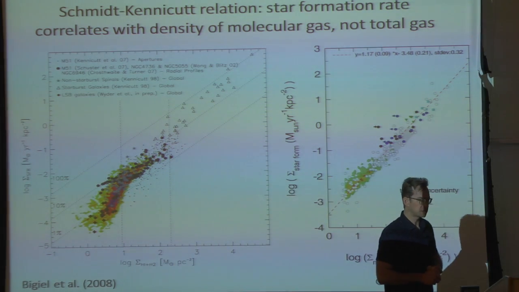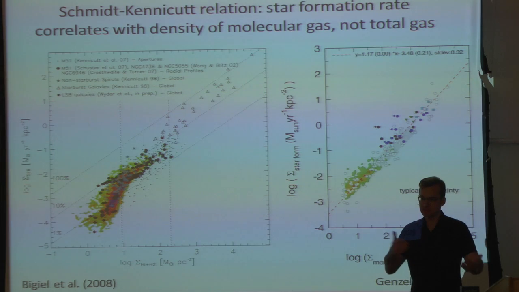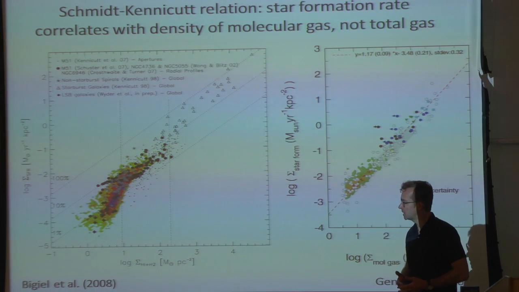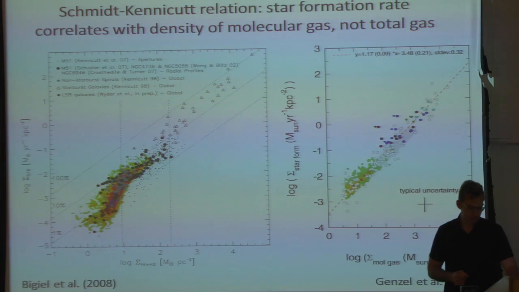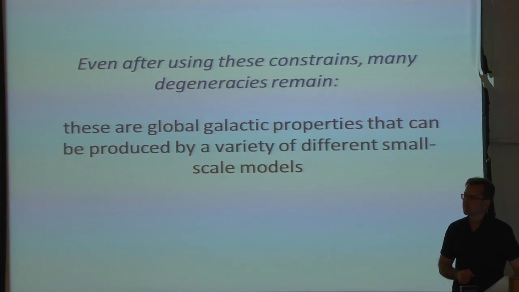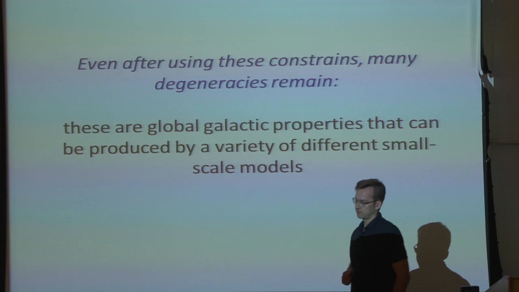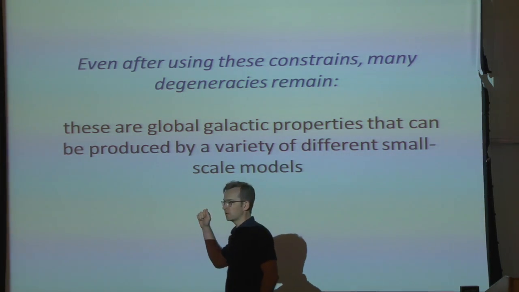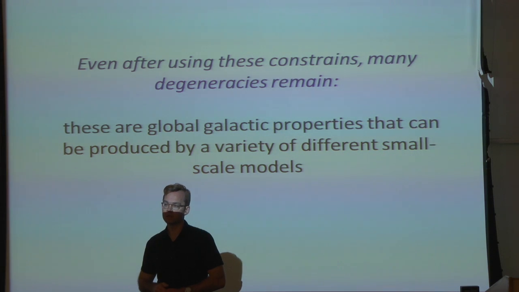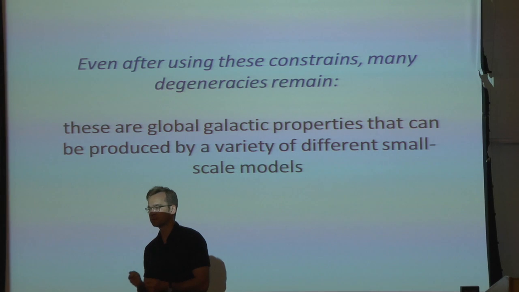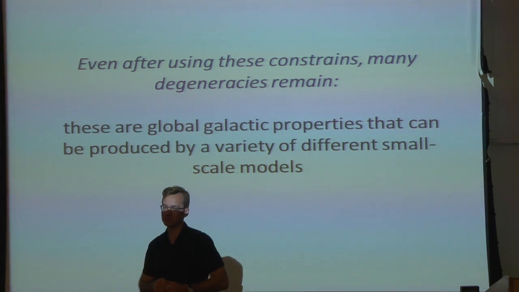So those 2 relations have been very useful in the last decade for calibrating these models and deciding which ones are right and which ones are not. But even that is not enough. It turns out that even if you have a model that satisfies those 2 relations, you can still have very different prescriptions in detail on smaller scales for how you form stars and how strong the feedback is.